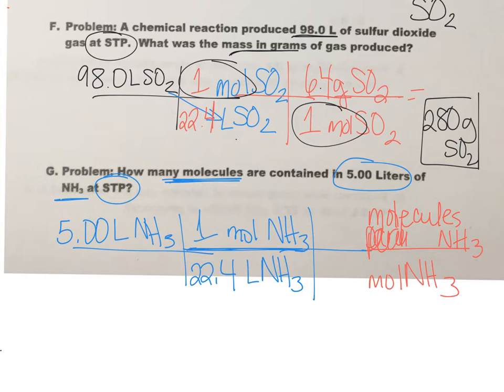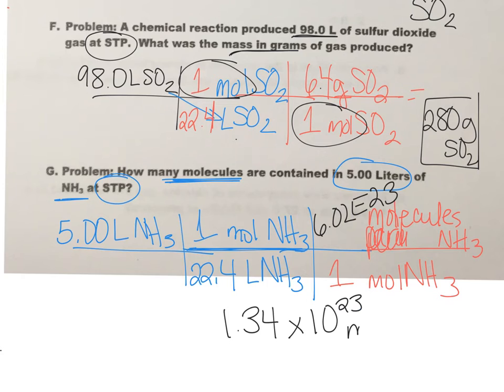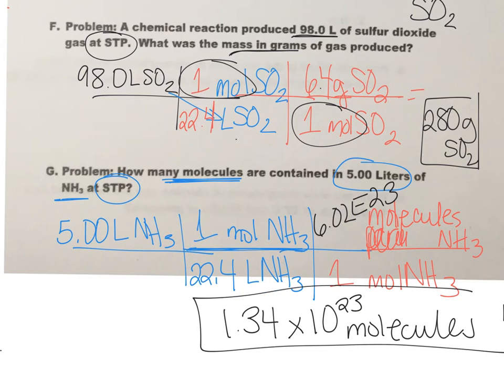Okay, and I know 1 mole is equal to Avogadro's number, which is 6.02 times 10 to the 23rd. I put E23. Okay, so type that in just to make sure you're getting the right answer. The answer is going to be 1.34 times 10 to the 23rd. And once again, you see a shortcut here. You don't have to put those moles. Okay?